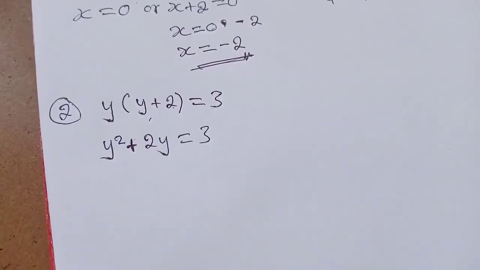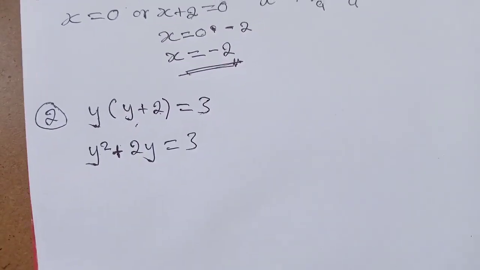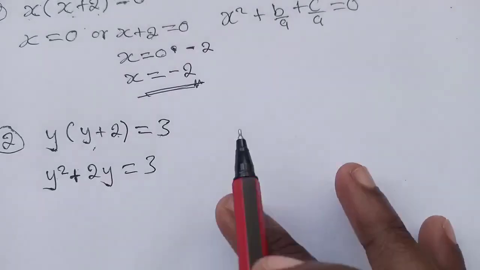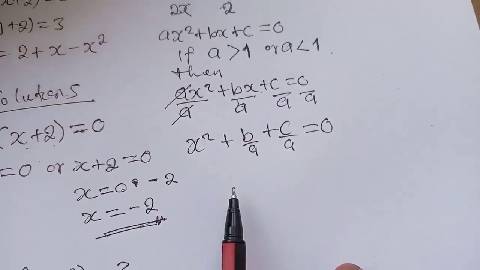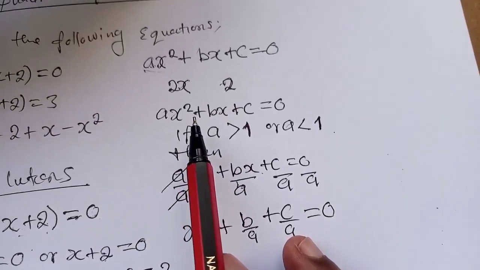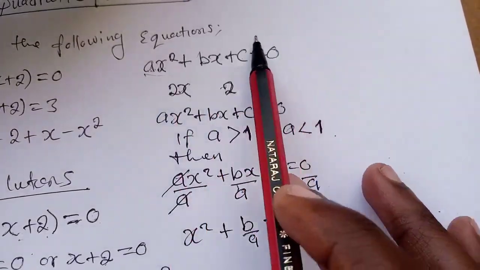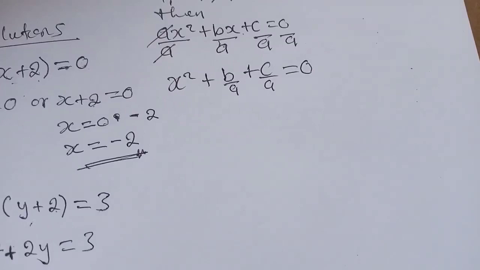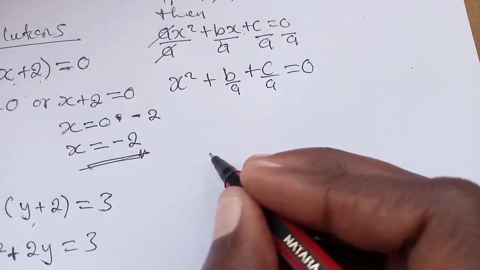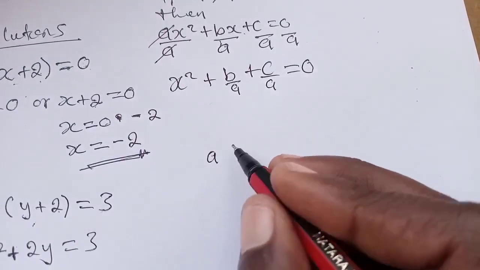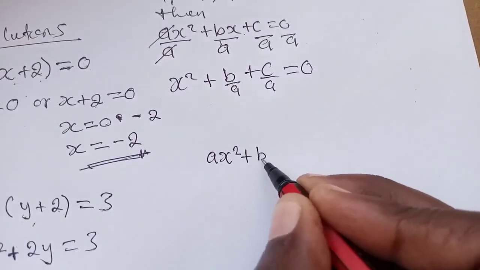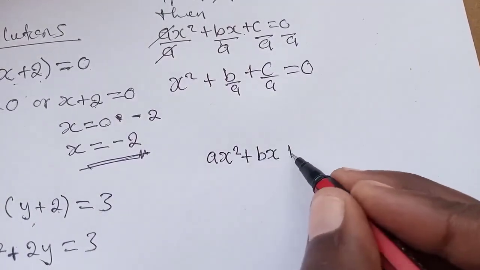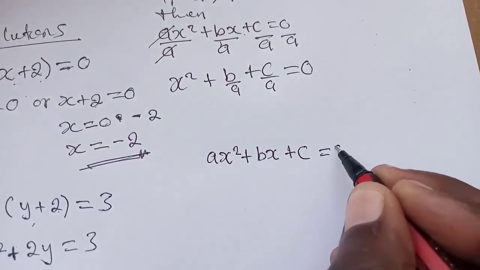And these quadratic equations are of the form ax squared plus bx plus c is equal to 0.